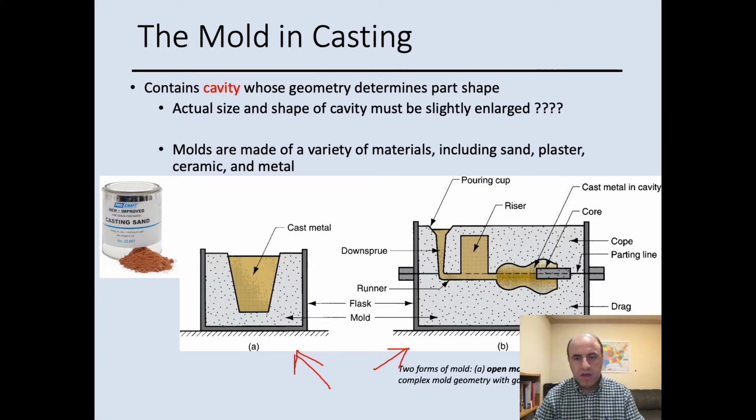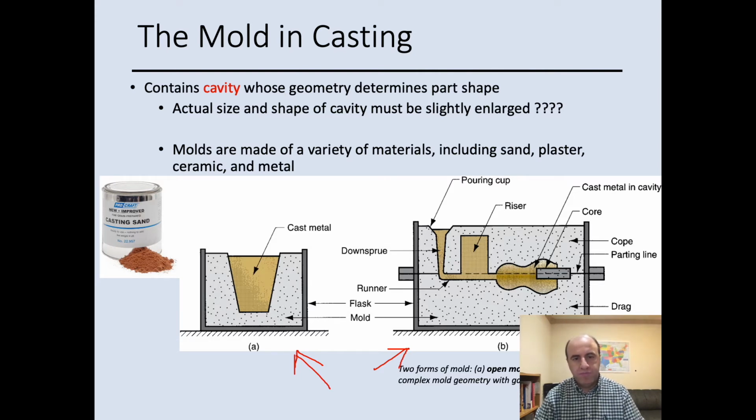And the molds have a cavity, and the geometry of that cavity determines the part shape. And the cavity should be designed in a way that it is larger than the actual part. Why does the cavity have to be larger than the actual cast metal?